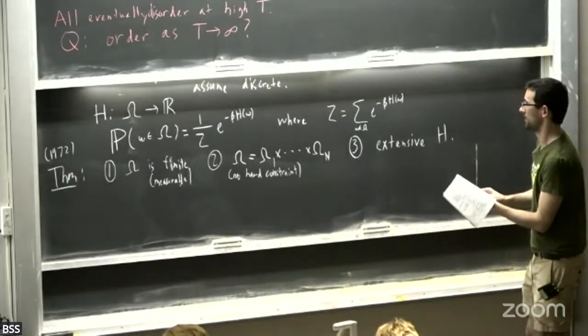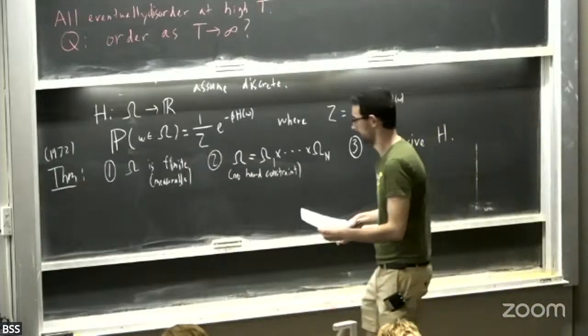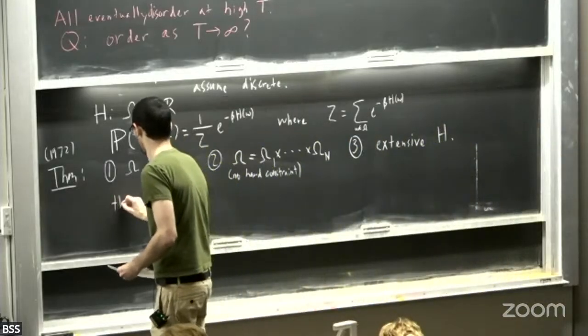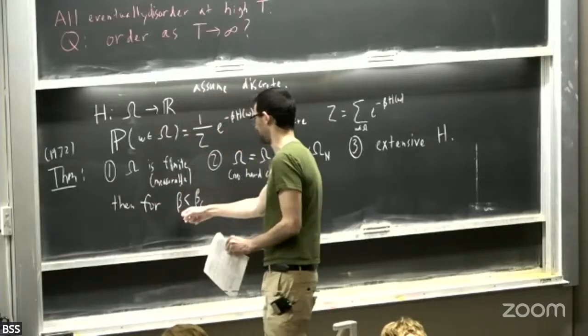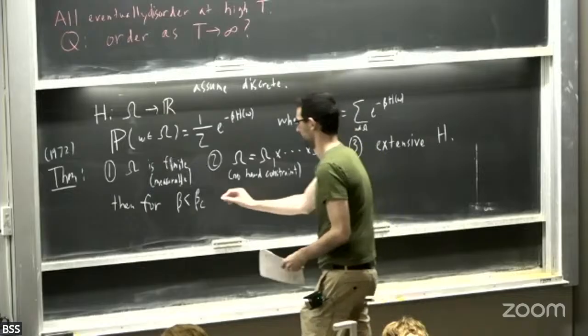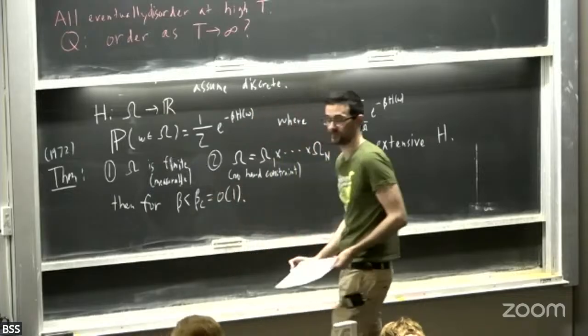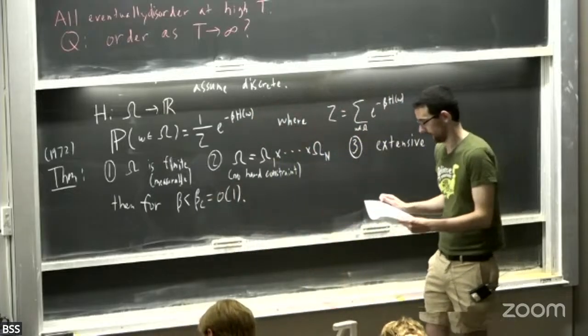So under these assumptions, then for the inverse temperature beta below some critical value, and this critical value is order 1. It doesn't depend on system size.